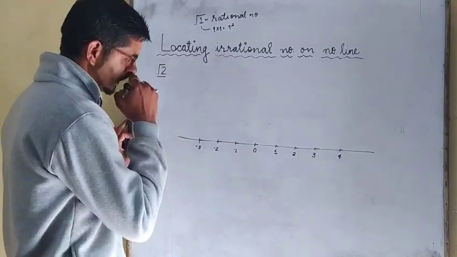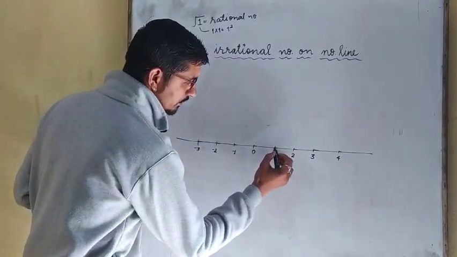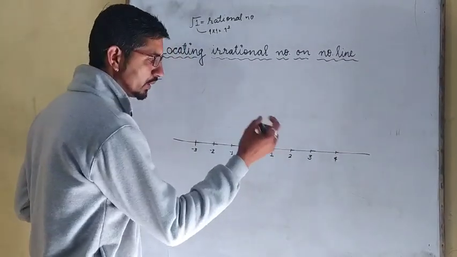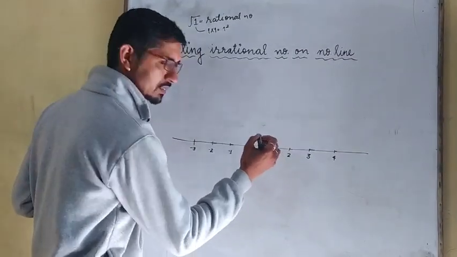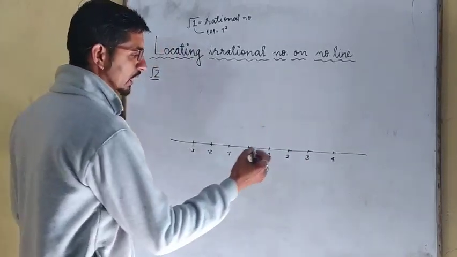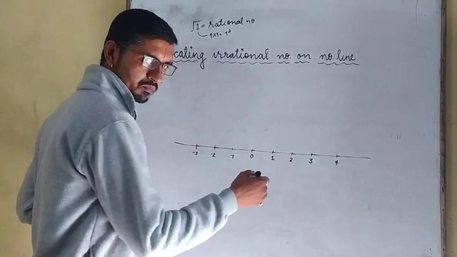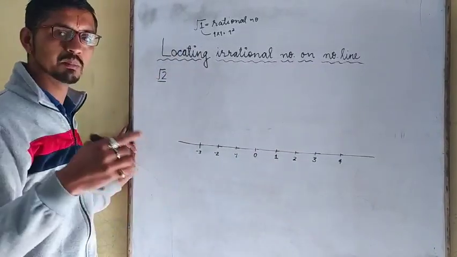Okay. What you have to do? You have to draw a perpendicular from 1. How to make a perpendicular? You have learned in class 6th, 7th or 8th how to draw a perpendicular with the help of a compass, or you can make it with the help of a protractor as well.